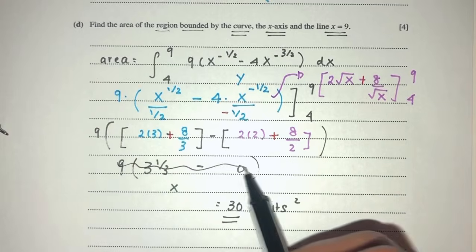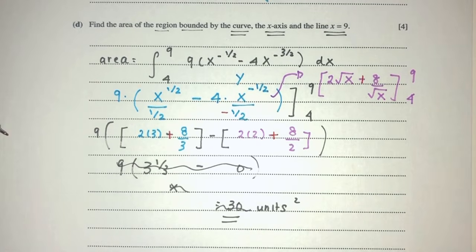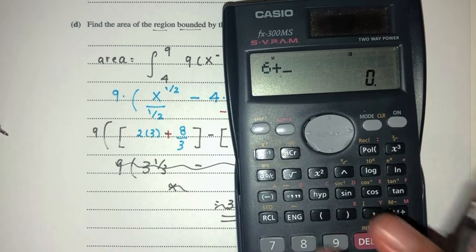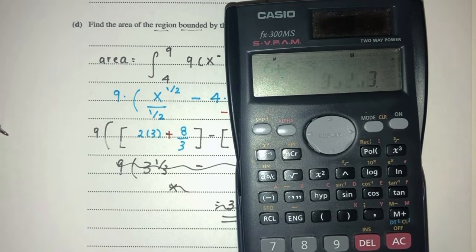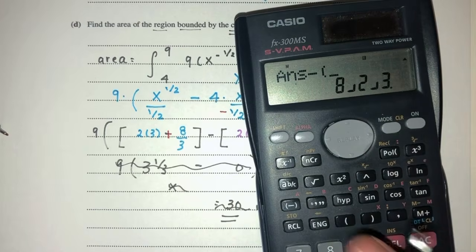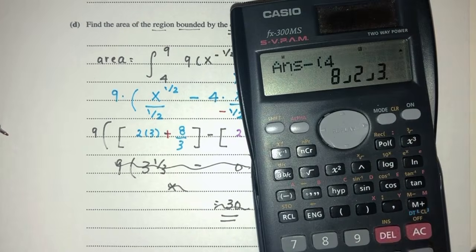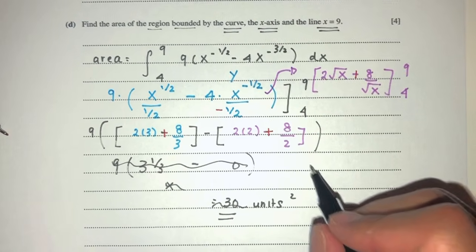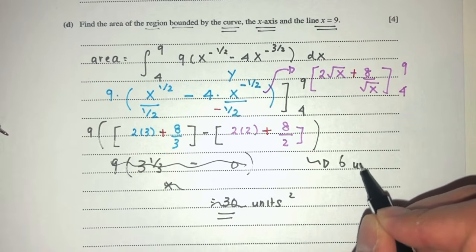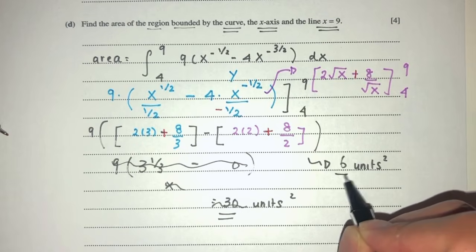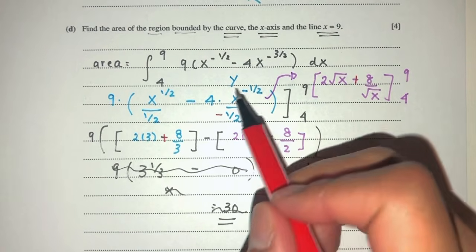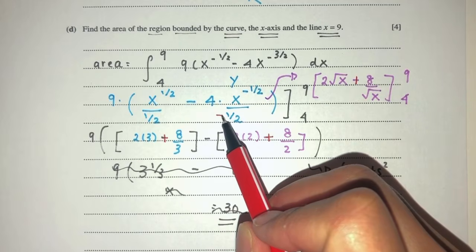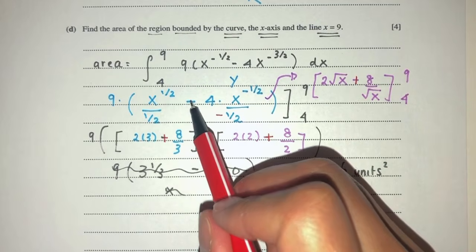What's going to happen is you will have 2 times 3 is 6 plus 8 over 3, minus, that will be 4 plus 4, this times 9. That should be your answer. So 6 will be your answer at the end, and not 30, because as you can see, when I divided by minus half, I forgot to put minus here. Because of that, it should become plus here in the end.